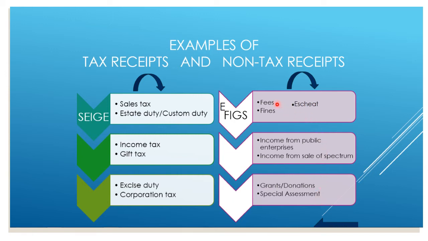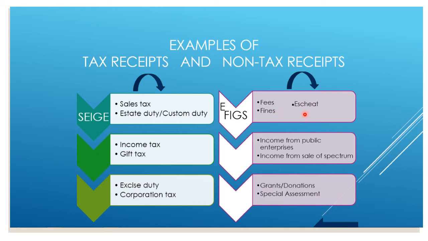Fees are the payments made to the government for various administrative services rendered by the government, like registration of birth, registration of marriage, registration of death, and so on. Fines is a form of economic punishment that is imposed on lawbreakers.